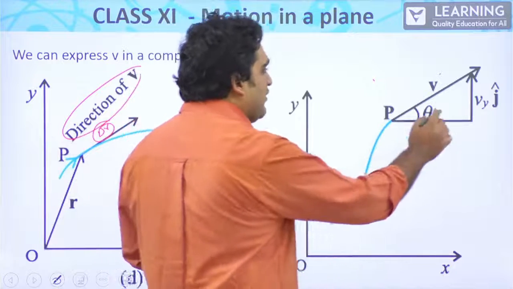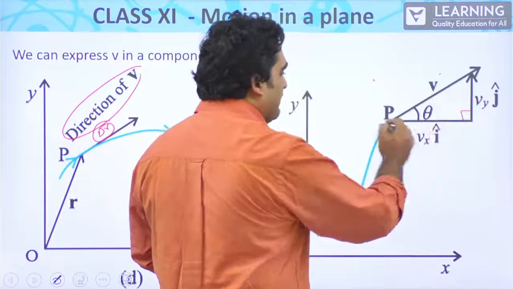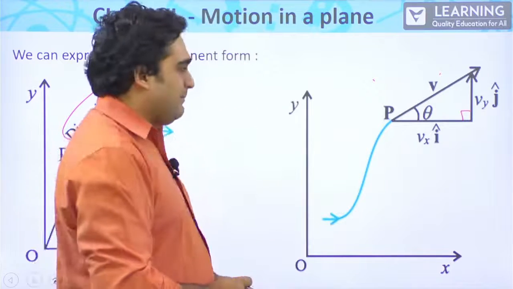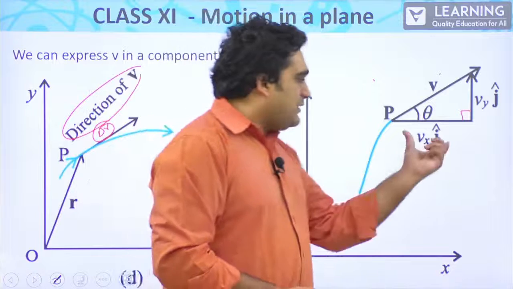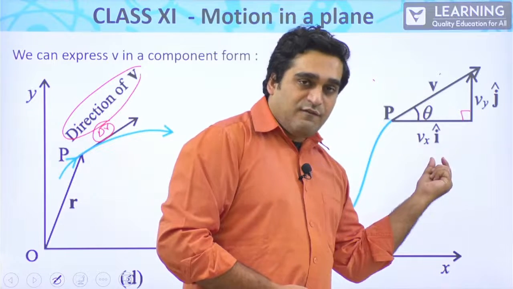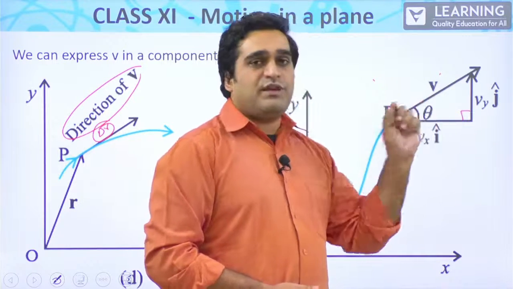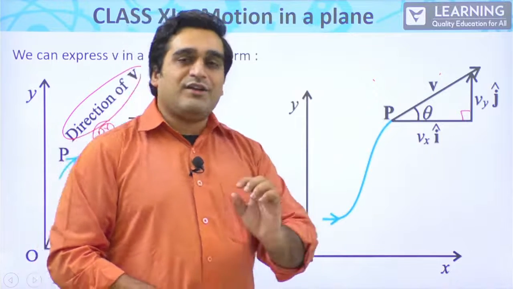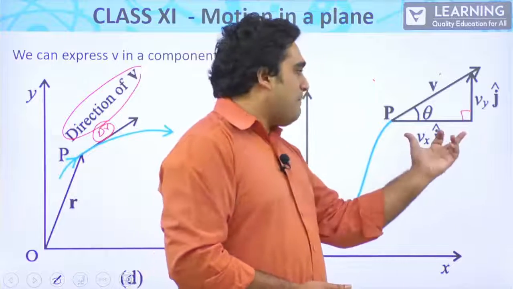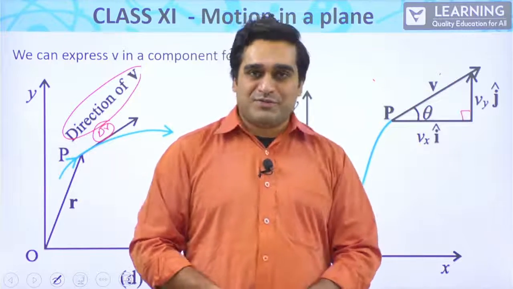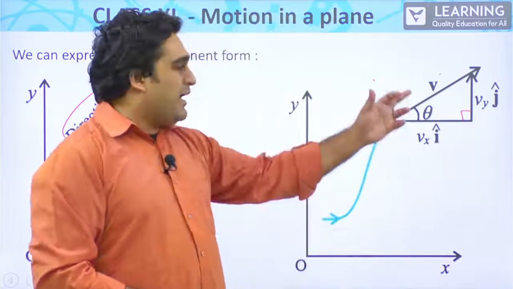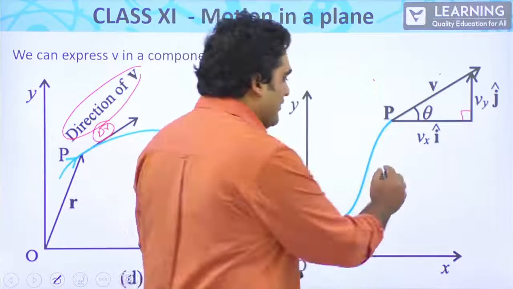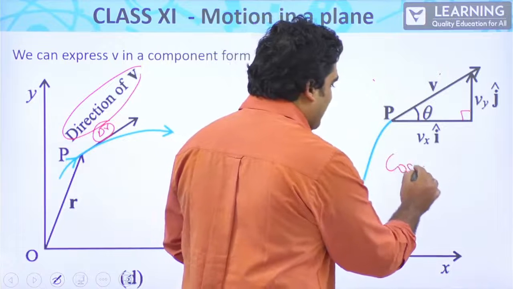So first, you see that you have a right angle triangle with an angle of inclination theta. To identify the component Vx with respect to V, we choose a trigonometric ratio that gives you base and hypotenuse. Base by hypotenuse. Which trigonometric ratio is that? Cos theta.